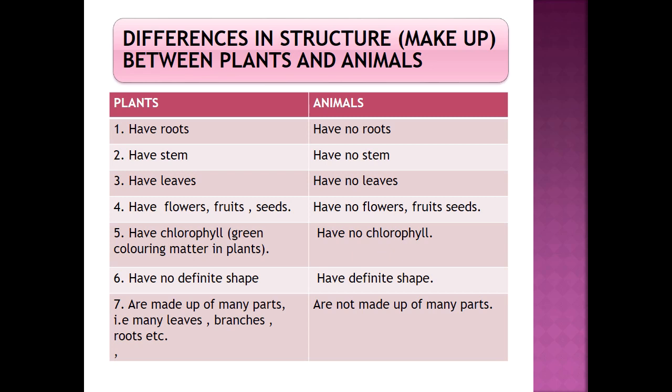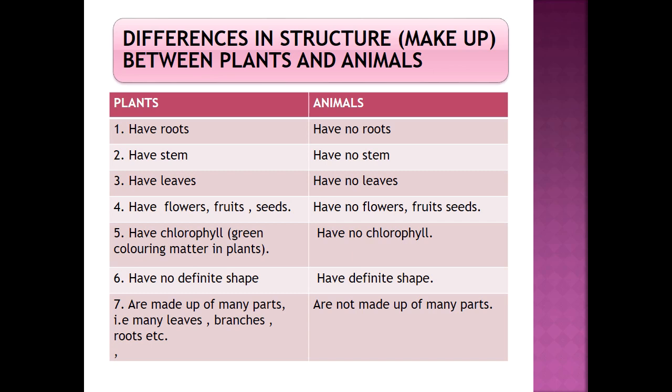Differences in structure, makeup between plants and animals. There are differences that exist between plants and animals in their structure. Under plants, the first we have there is plants have roots. Animals do not have roots, but plants have roots as a support.